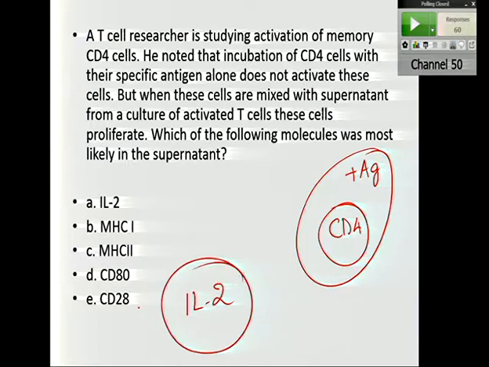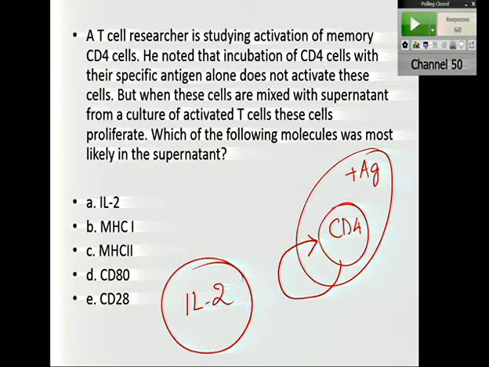If there is no interleukin 2, there is no proliferation of activated T lymphocytes. Now, who produces interleukin 2? Activated T cells. And the interleukin 2 acts on the same T cells.